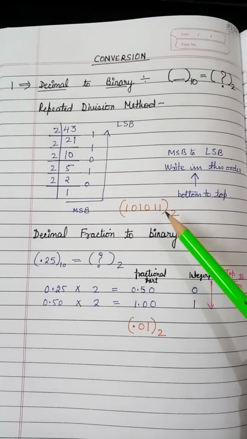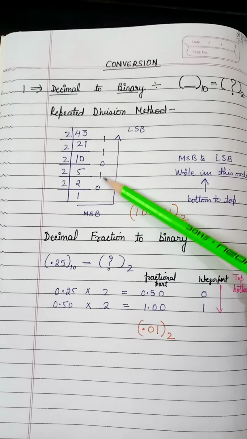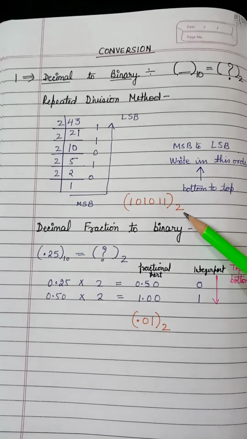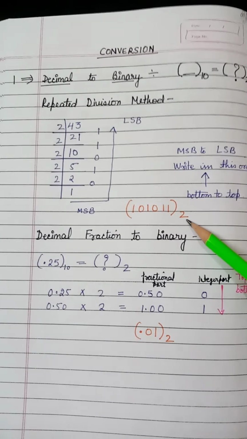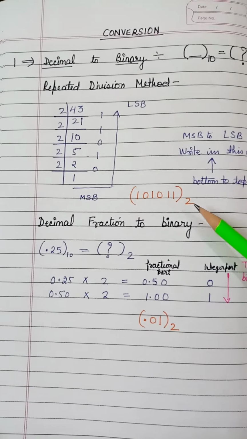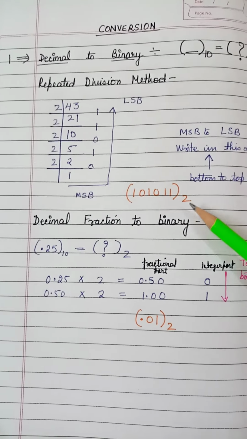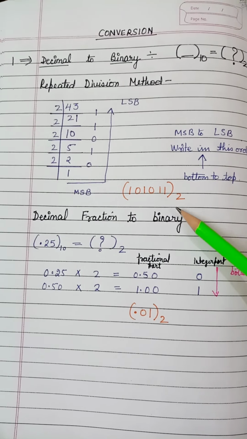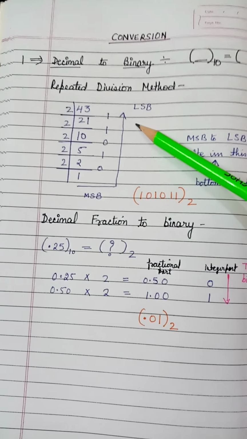So the answer will be 101011. Okay, base 2. In repeated division method, we will divide the decimal number by 2 repeatedly. Okay, then we'll write down the answer from bottom to top.